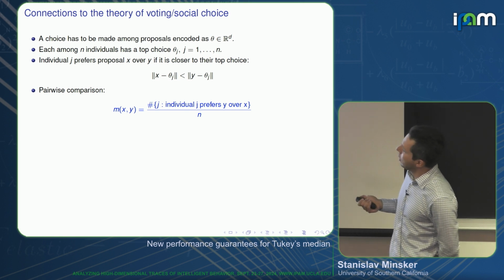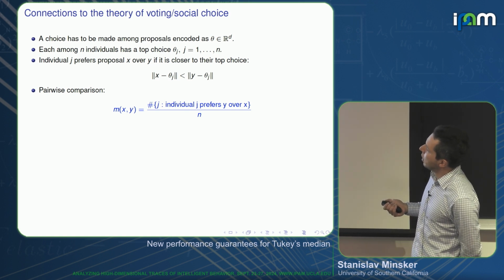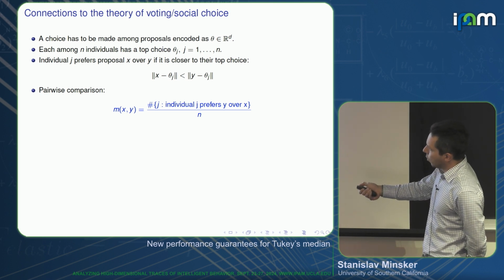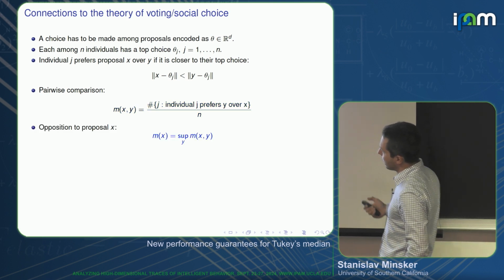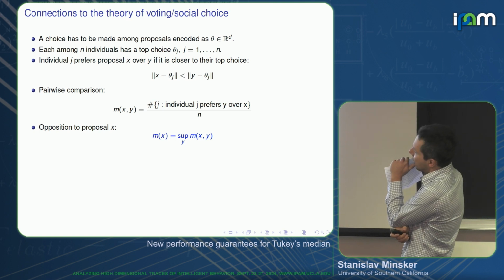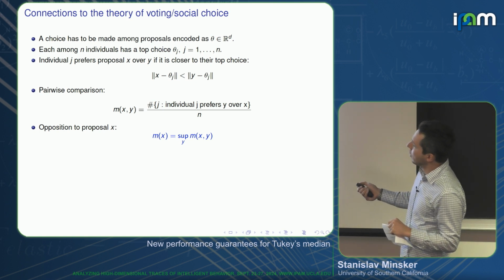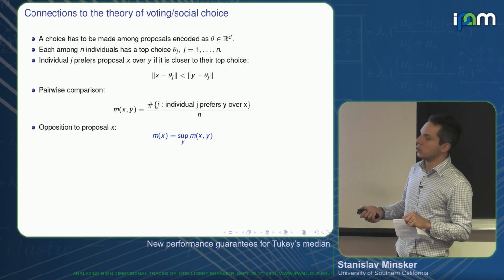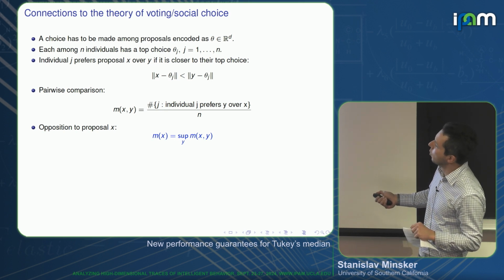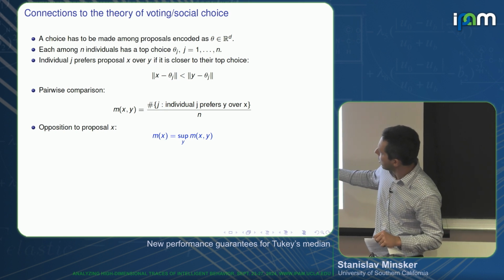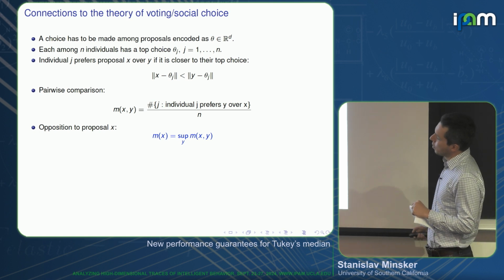And we can then look at this function m of x, y, which simply tells us what is the fraction of individuals that prefer proposal y over this proposal x. And then we can define the total opposition to proposal x as the maximal opposition over all individual proposals y. So we're looking for some proposal y that has the largest opposition among the voters.